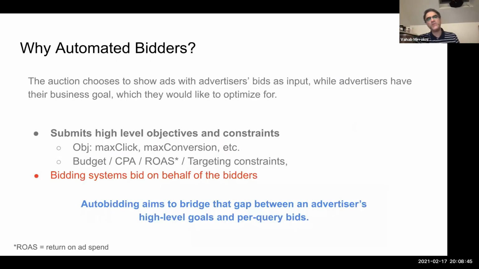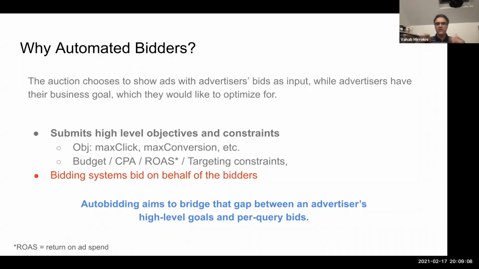So why do we have these automated bidders? The major reason for this is that different types of advertisers, brand advertisers, or remarketing, retargeting type advertisers may have different objectives in mind. They may want to maximize clicks or conversions or something else, subject to different types of constraints.